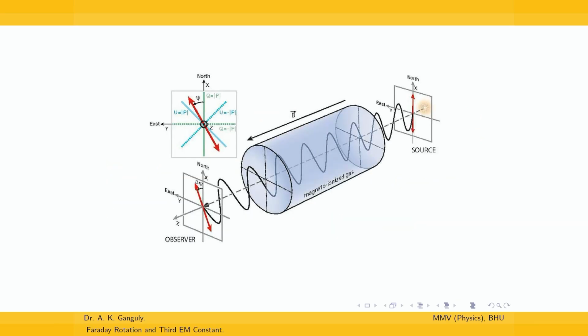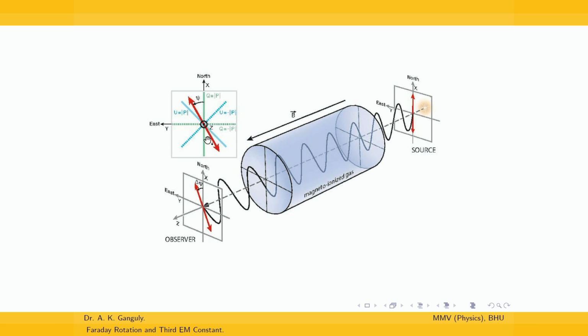And physically, in a situation like this, what happens is, if there is a region in space where there is a magnetic field coexisting with a charged fluid, then as the wave enters this region, and if it is plane polarized, its plane of polarization undergoes rotation.